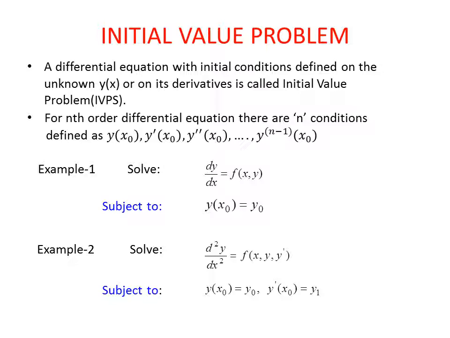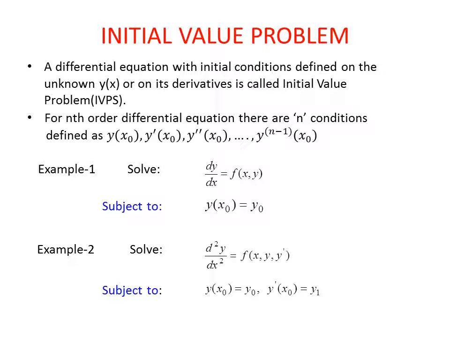Remember, there are two conditions, both given at the same value of x, that is called x naught. The first condition is given in terms of the unknown function y, and the second condition is given in terms of y prime, the derivative of y with respect to x. Why are there two conditions?